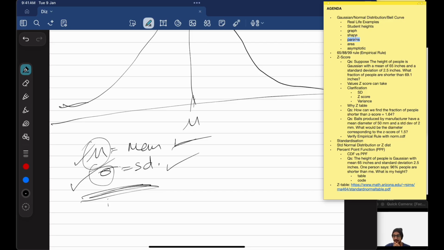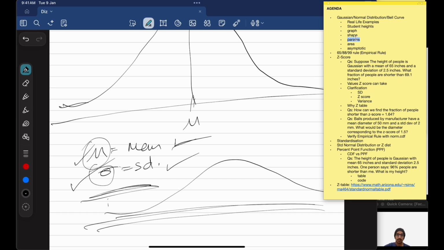If the standard deviation, the spread, is big, then you'll have a wider bell curve, and if it is small, you'll have a narrower bell curve.